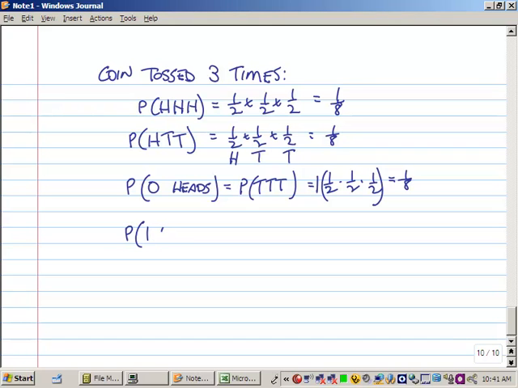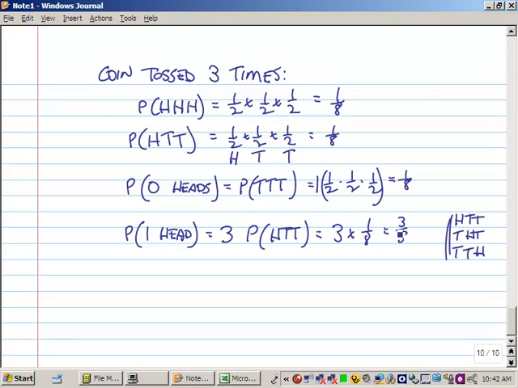Probability of 1 head in 3 tosses. Well, off on the side you can say, well, how do I do that? I can get a head, tail, tail, I can get tail, head, tail, or I can get tail, tail, head. So there are 3 ways. So number of ways, 3 ways, times the probability of 1 way, just pick one, head, tail, tail, and as we've seen before, that's going to be 3 times 1/8 or 3/8.